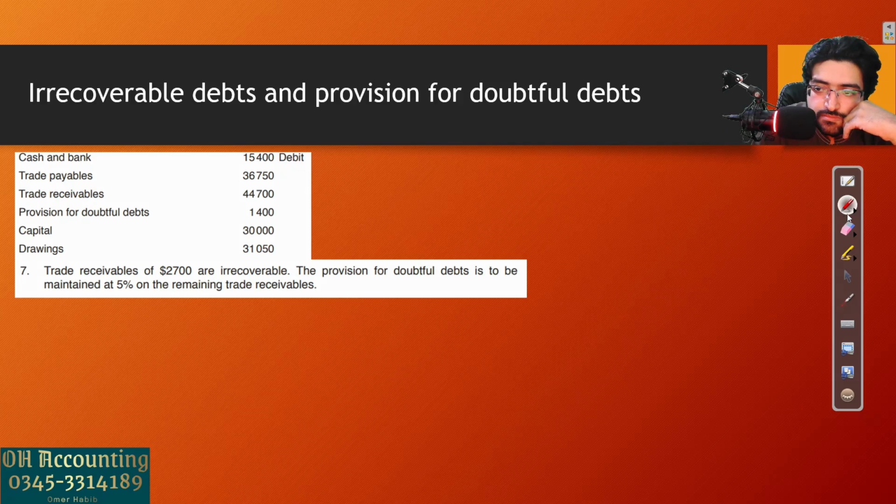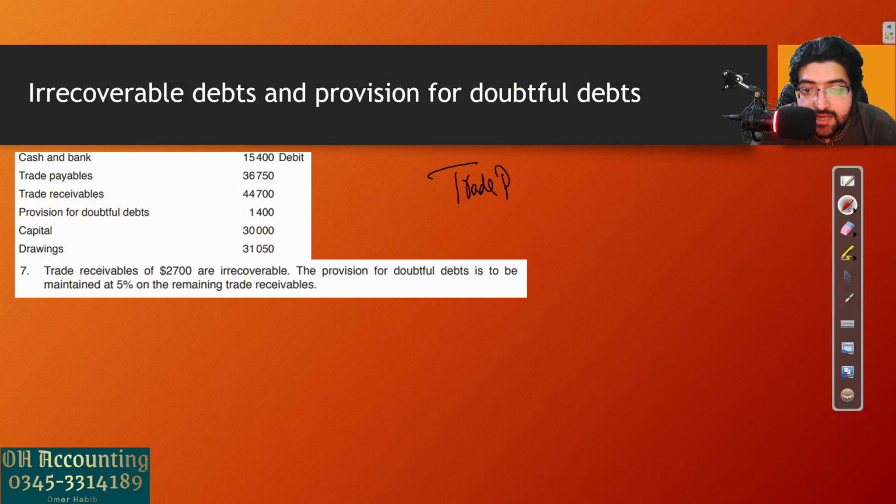Moving on. Irrecoverable debts and provision for doubtful debts. Okay. We also have to make adjustments for these. Irrecoverable, from the word you can understand, irrecoverable means you cannot recover that debt anymore from your trade receivables. Who are trade receivables?